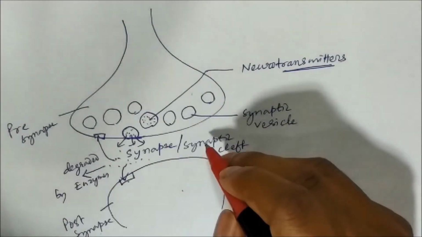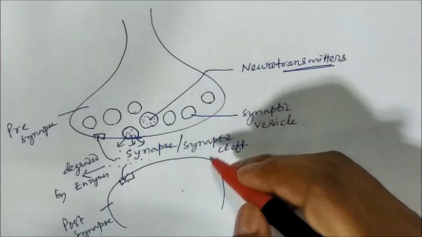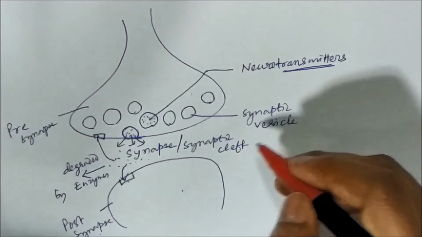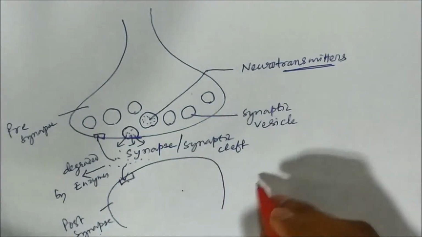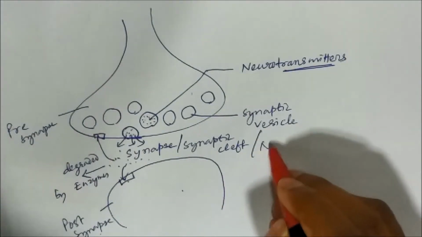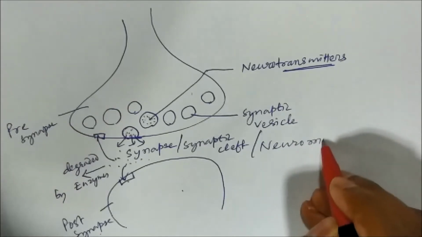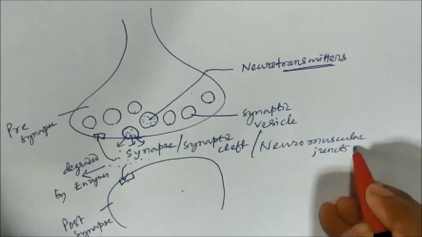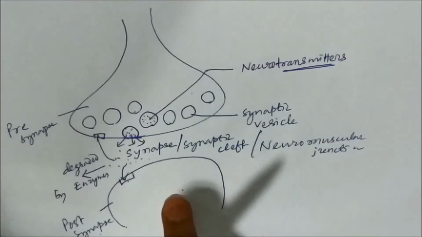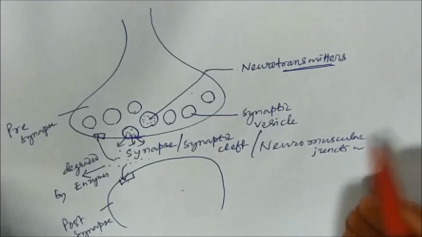If this is a neuron, then this is called a synapse or synaptic cleft, and if the postsynapse is a muscle, then this is called the neuromuscular junction. Same thing: this is a neuron, this is a muscle, so this junction is the neuromuscular junction.